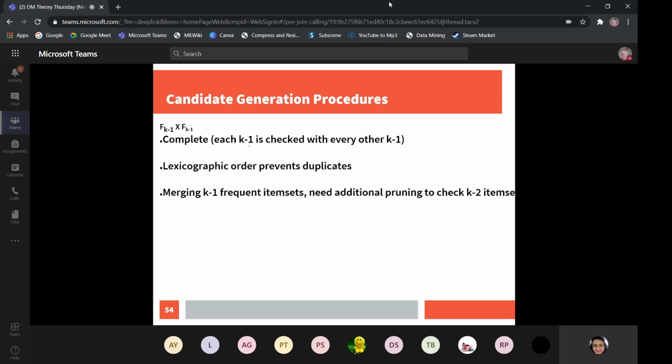This is complete because each k minus 1 is checked with other k minus 1. Because you are in lexicographic order, you will be preventing the duplicates.